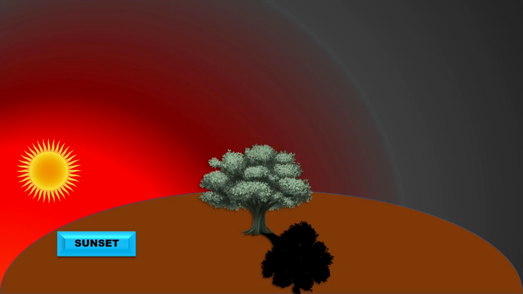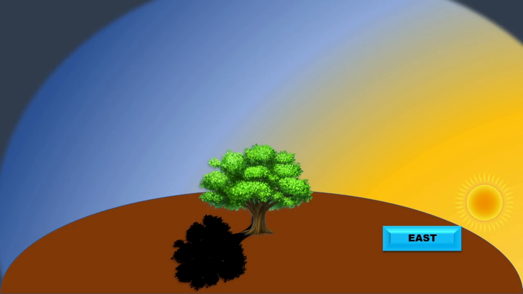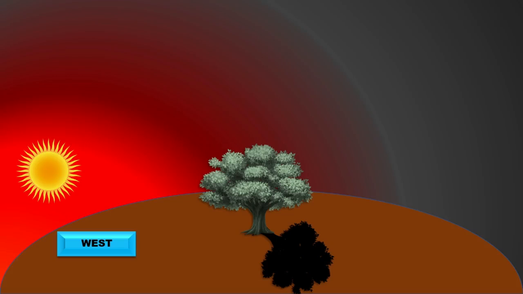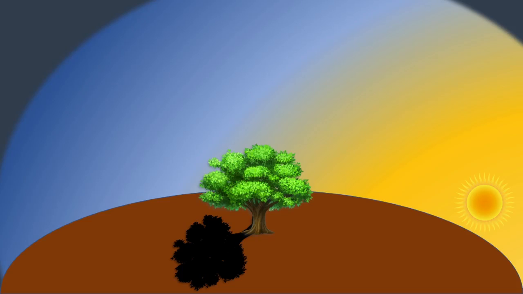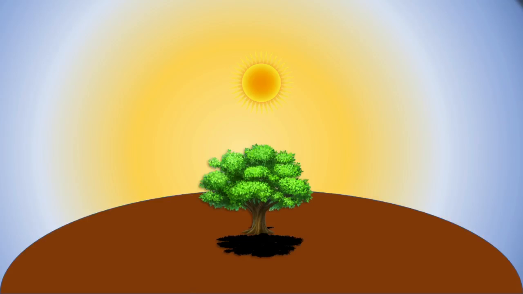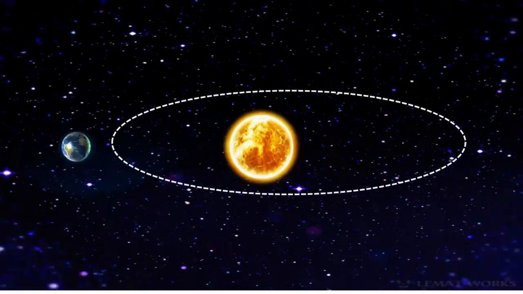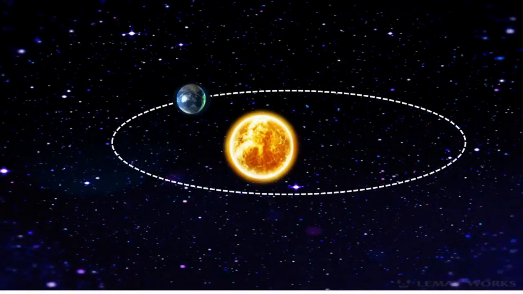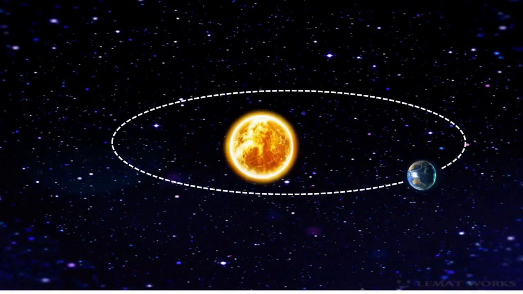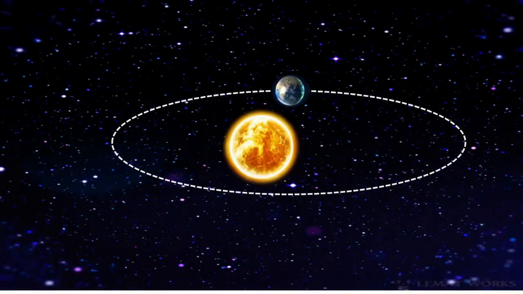We all know that the sun rises in the east and sets in the west. You would realize through your observation in the last activity that the place where the sun rises keeps changing every day. In fact, the sun remains in the same place and it is the earth with its inclined axis that revolves around the sun.